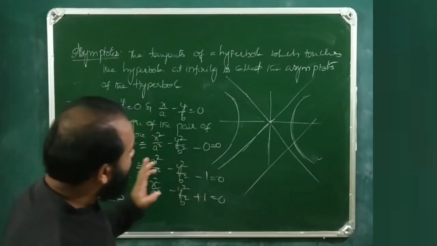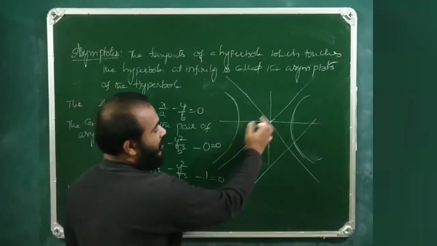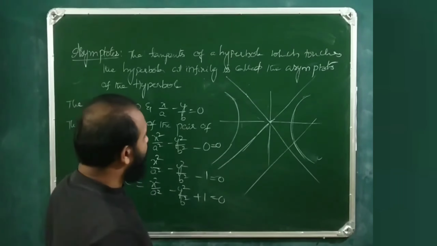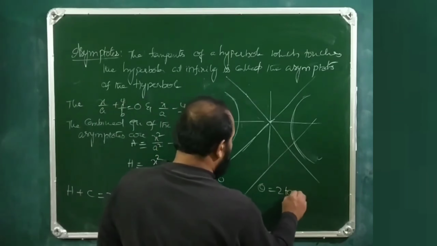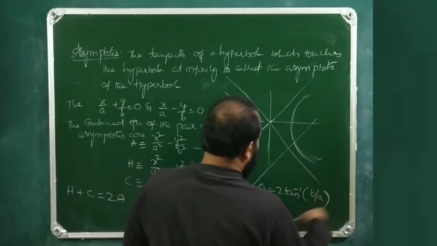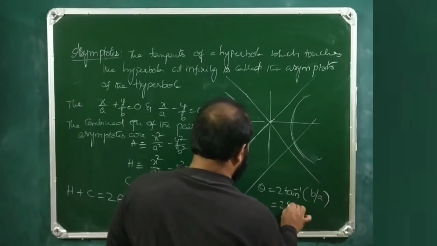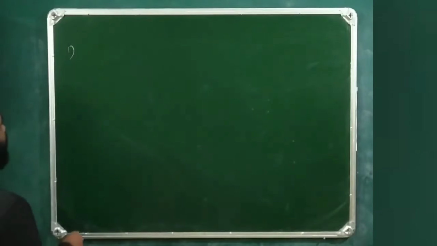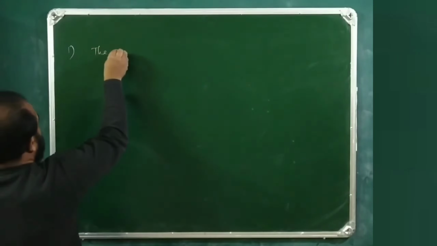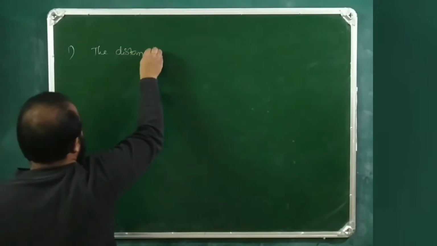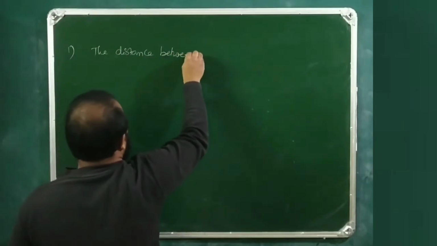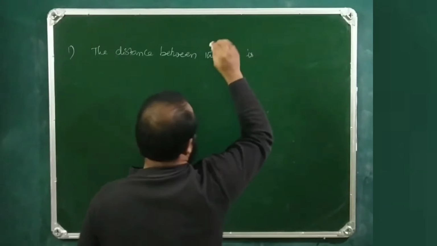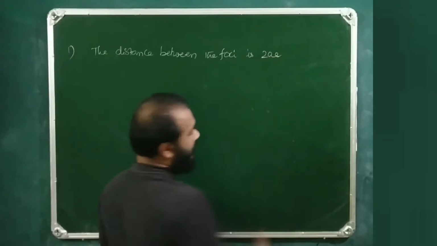And the next concept is that these asymptotes are equally inclined to the coordinate axis. And the angle between the asymptotes is theta equals 2 tan inverse b by a, or 2 secant inverse e. And the distance between the foci is 2ae.